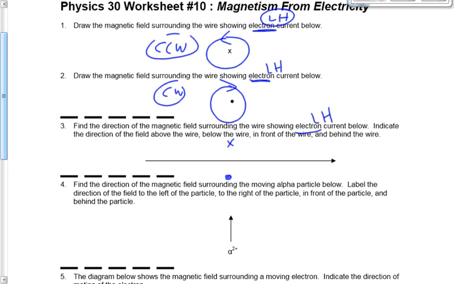Below the wire, it's out of the page. In front of the wire, it's toward the top of the page.